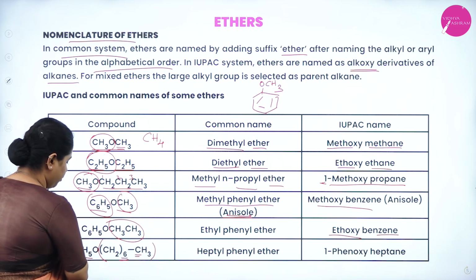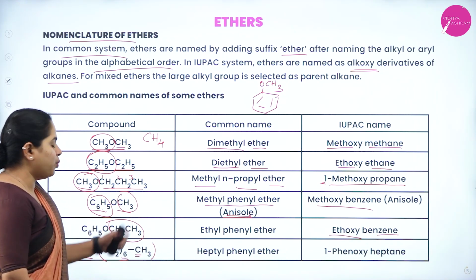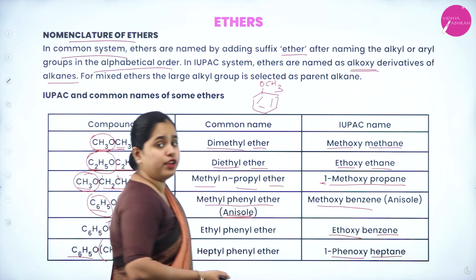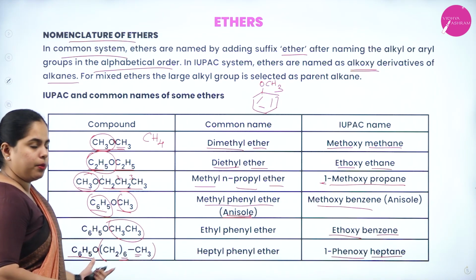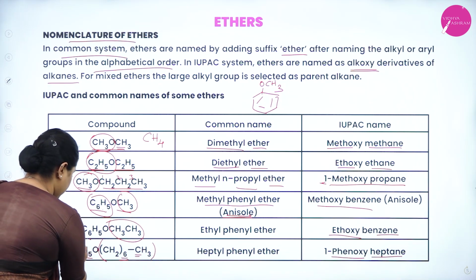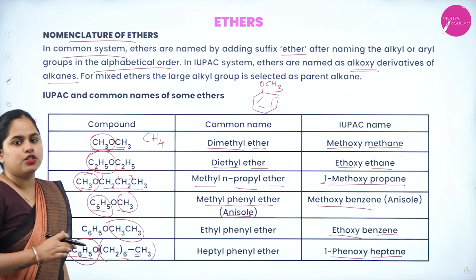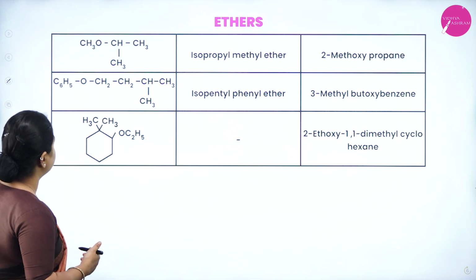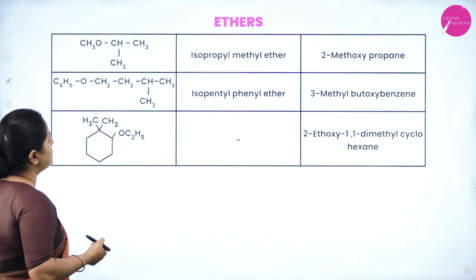So this is heptyl phenyl ether. Clear? Now the IUPAC name, how would you write it? It will be 1-phenoxyheptane, because this is a 6 carbon atom part, this is a 7 carbon atom part, and phenyl is the smaller one. So we are going to consider it as the alkoxy. So that will be phenoxyheptane. Clear? Now moving on to the next one, CH3OCHCH3.